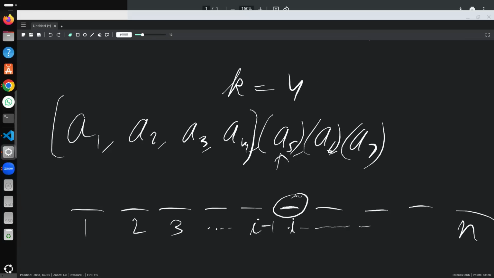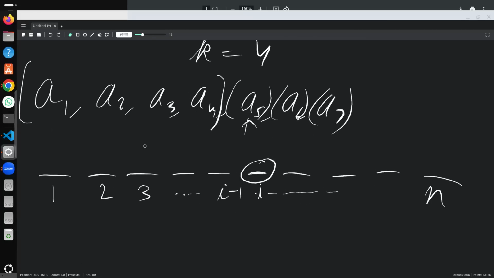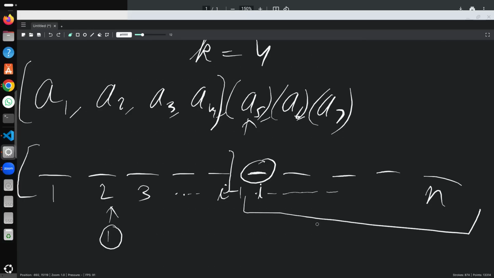Is it possible to take it? Let's figure out what the condition is for that. So basically, the condition is that we would make the first part one segment, and from the remaining elements, we need to make k minus one segments.